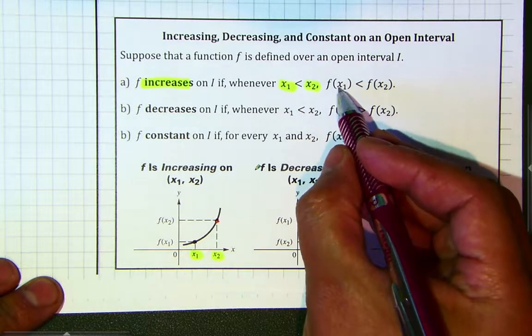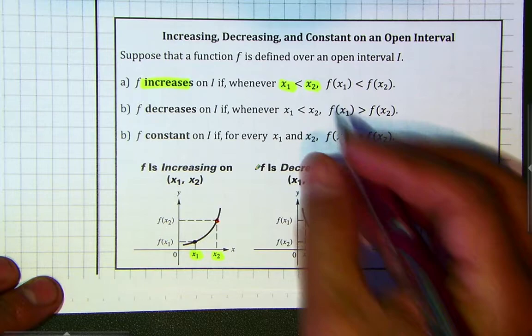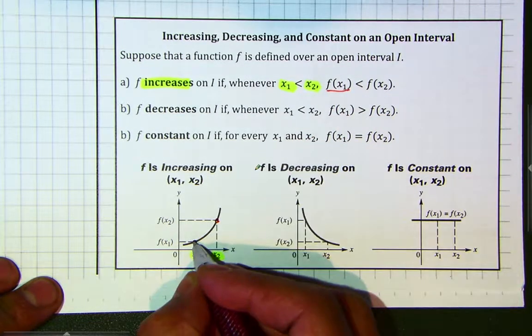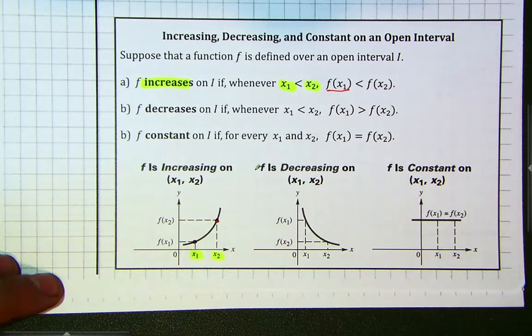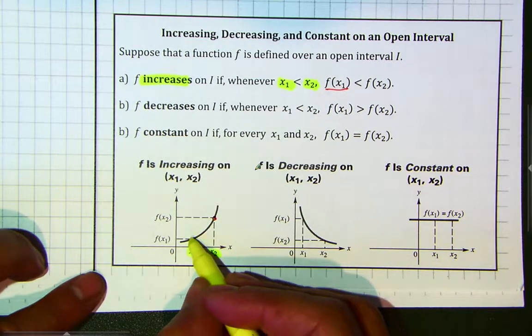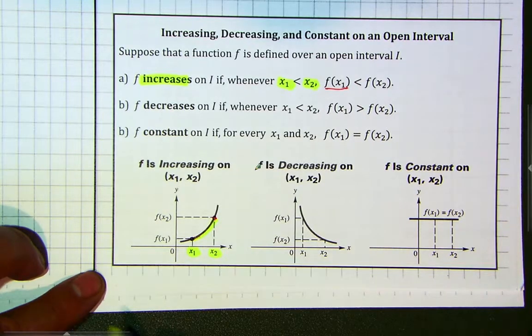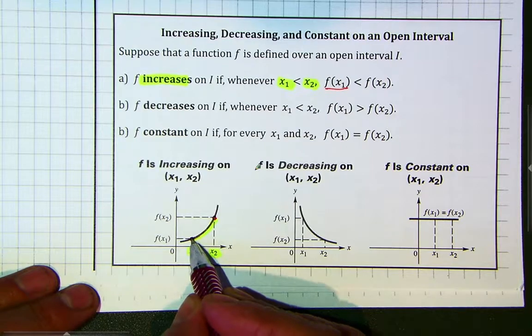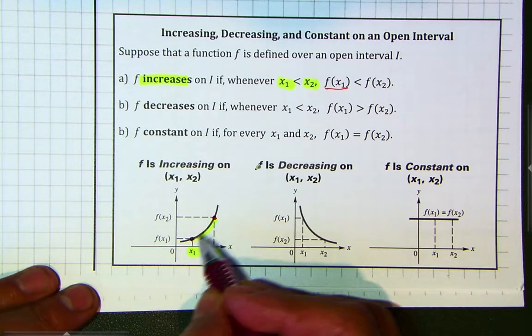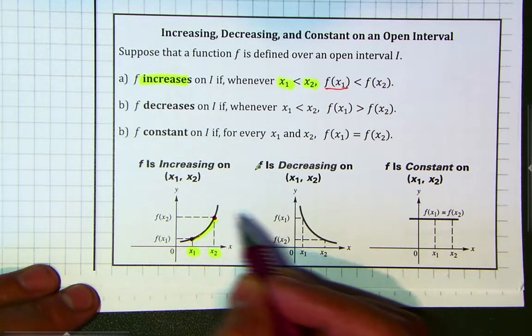Remember that this is your y value. The first y value will be smaller than the second one. That means it's increasing in that interval. That should make sense. If the first one is lower than the second one, it's increasing. So that is a formal definition.